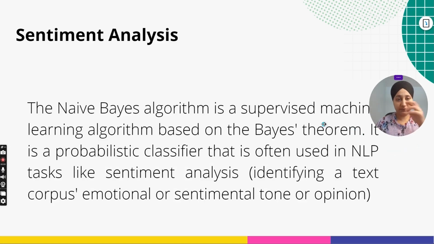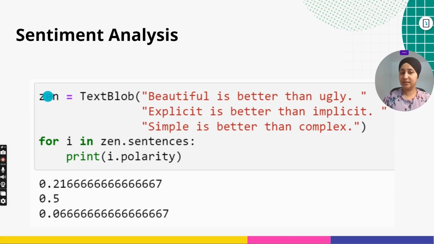Right? So now we are going to talk about sentiment analysis. So now you can see Zen that I have taken from the previous slide. Zen is a variable that contains 3 sentences. Now for i in zen.sentences. Zen.sentences, you remember from the past, is used to tokenize sentences.